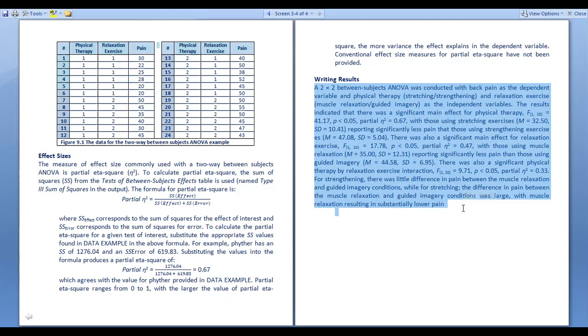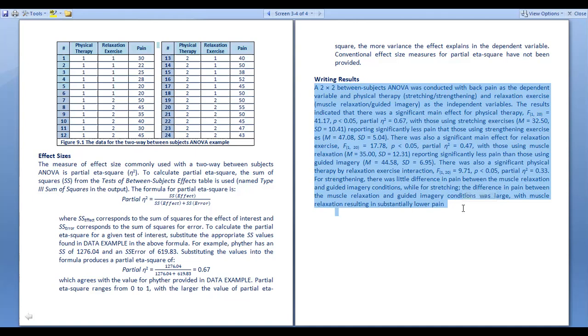So it is 1 and 20 is equal to 17.78, which is quite high. And then we have P less than 0.05 with partial eta square, you can calculate it, equal to 0.47. Those using muscle relaxation, mean is 35 and standard deviation is 12.31, reported significantly less pain than those using guided imagery, mean is equal to 44.58 and standard deviation is equal to 6.95.